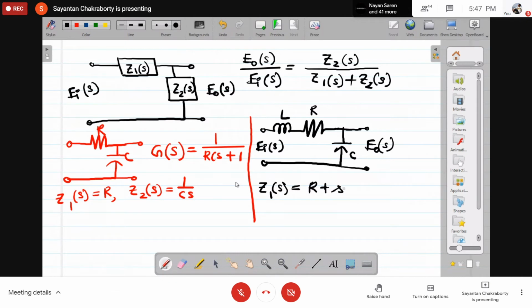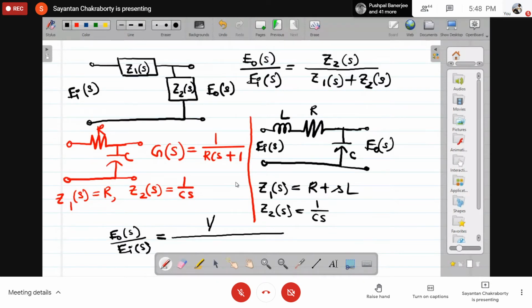R plus SL, and your Z2S is 1 by CS. So, what is your E0S by EIS? Just calculate. So, see, you arrive at the same expression. That is 1 by LC S square plus R by L S plus 1.